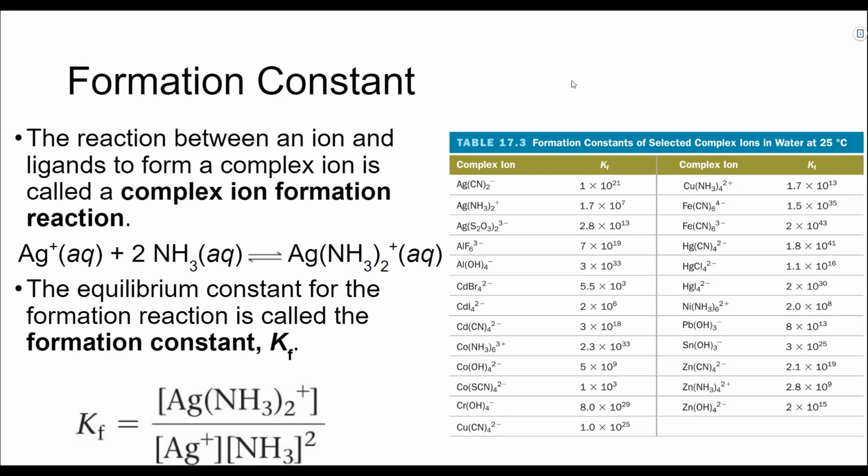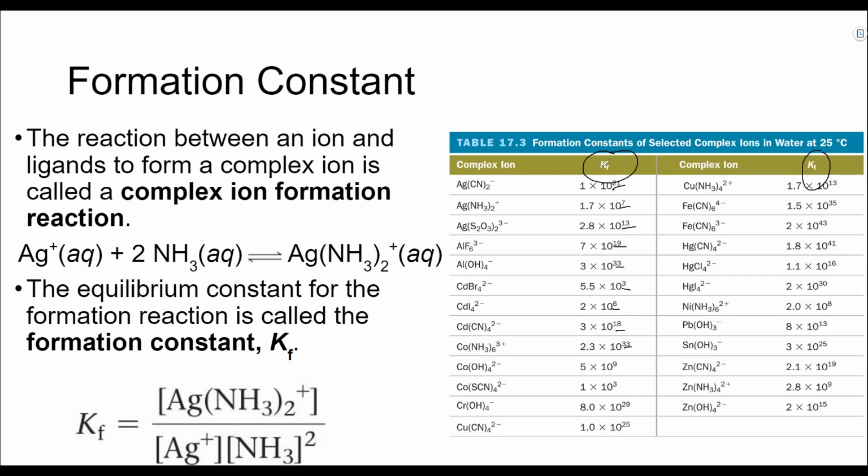Now, the thing about this is if we look at the formation constants on the right on this table, our KFs, you can see that they are very big numbers, right? Over a million, over a billion, over a trillion, some numbers I can't even pronounce. So what does that actually mean for us in terms of chemistry?